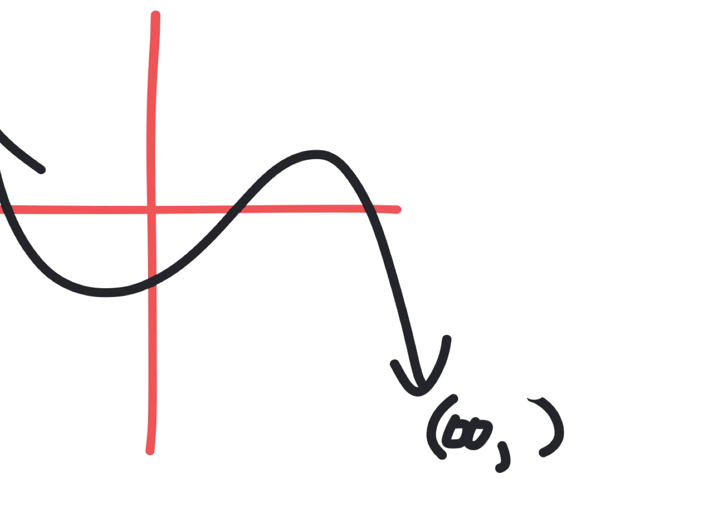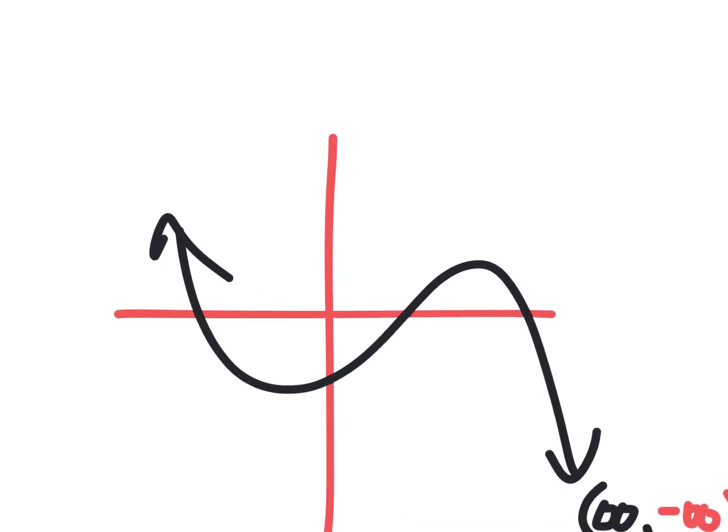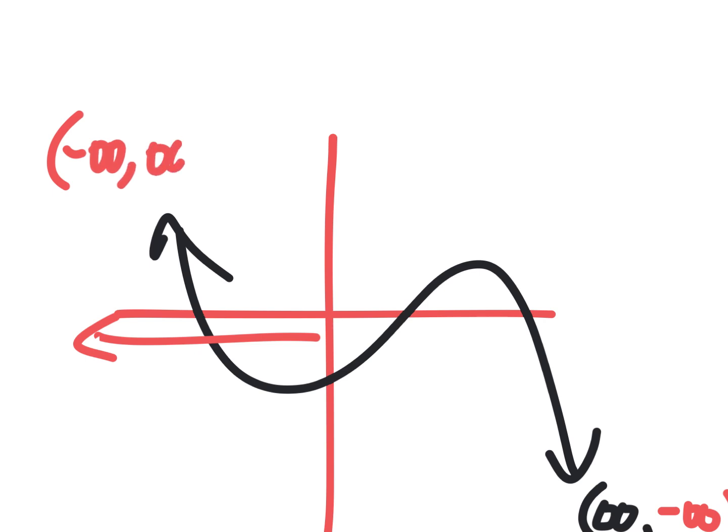I think some of you know. Just say it. Oh, too early after break. Negative infinity. It's going down. This spot here is where you're going way to the left, so it's like negative infinity, and way up, so it's like infinity.